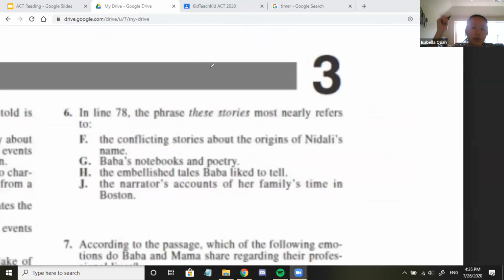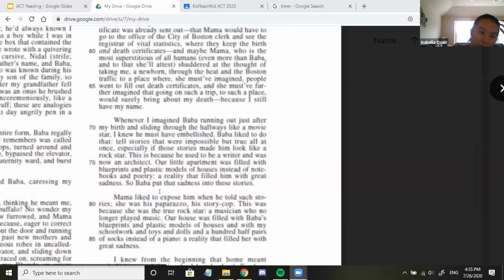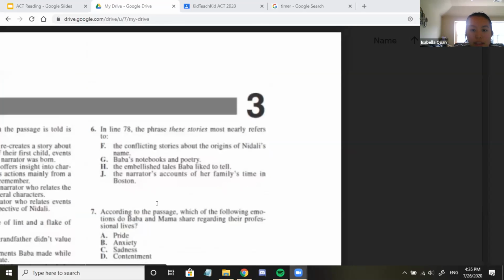So now we want to talk about a certain phrase that is used. So definitely want to go up to that line 78. "So Baba put that sadness into these stories." What sadness? It's the fact that he used to be a writer and is now an architect. This reality filled him with a great sadness because there's no books and poetry in the house. So what about these stories?